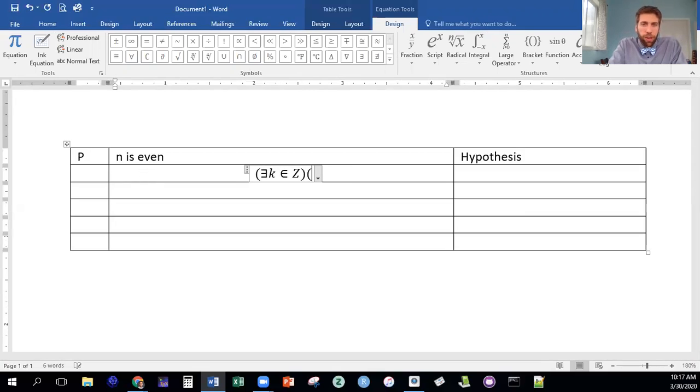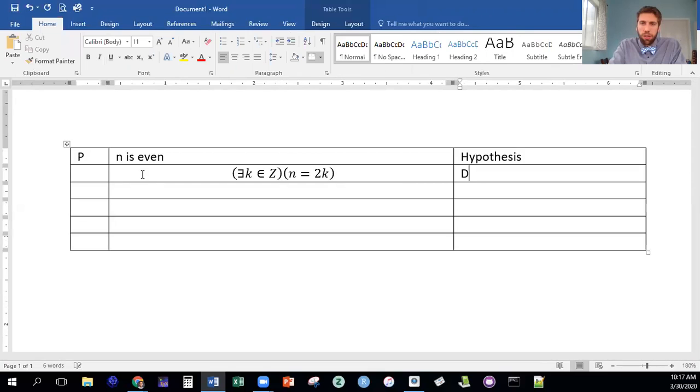Anyway, there exists a k in the integers such that n equals 2k. That's the definition of even.